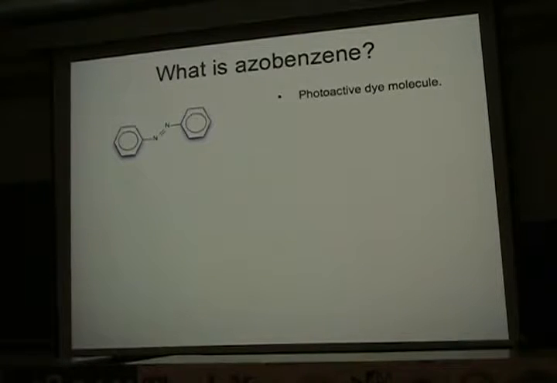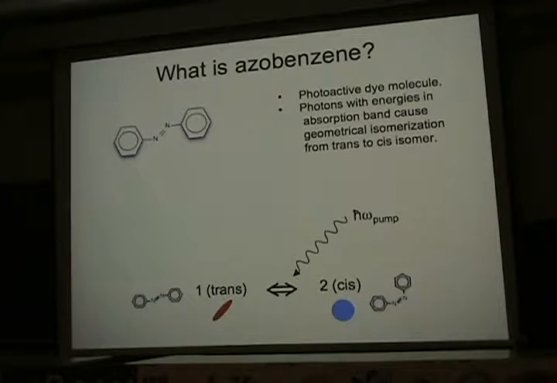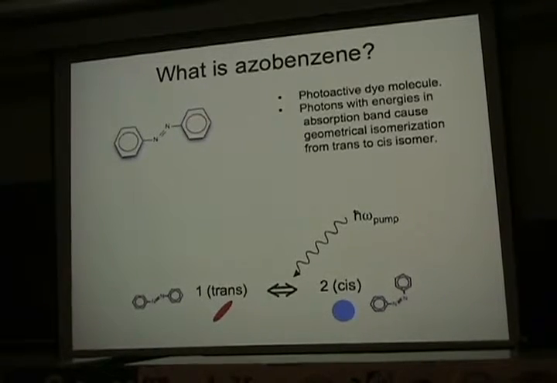So I'll just introduce the molecule a little bit. Azobenzene was pretty well introduced in the last talk. You have this trans-cis geometrical isomerization that you can control with light in the absorption band of the dye molecule. That pumping occurs in both directions.